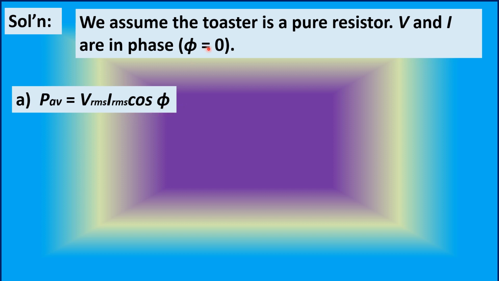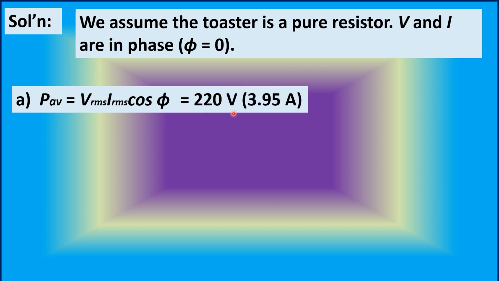But since angle phi here is equal to 0, the cosine value of 0 is understood to be equal to 1. And therefore, when you substitute, the average power is simply equal to the product of the RMS voltage 220 volts and the RMS current 3.95 amperes. The answer to letter A, the average power in a toaster, is equal to 869 watts.